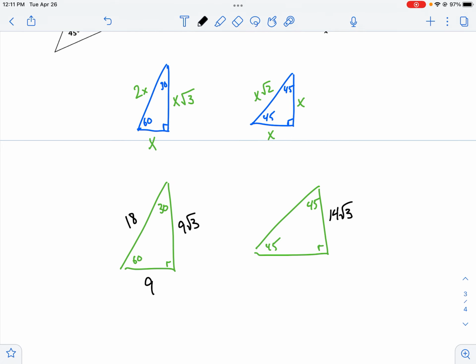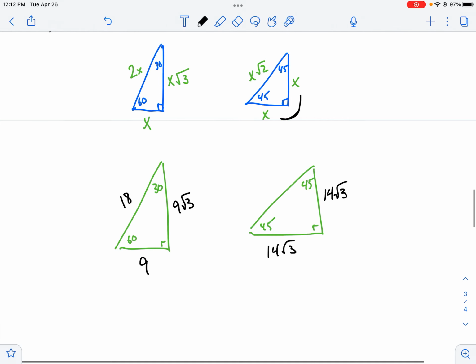That's pretty messy. Well, I would call this one the same thing, 14 square roots of 3, because we see that these two sides on the 90 are the same thing. And then over here, we would multiply that by the square root of 2. So 14 square roots of 3 times the square root of 2, so 14 square roots of 6. So that would be how we would attack this problem.